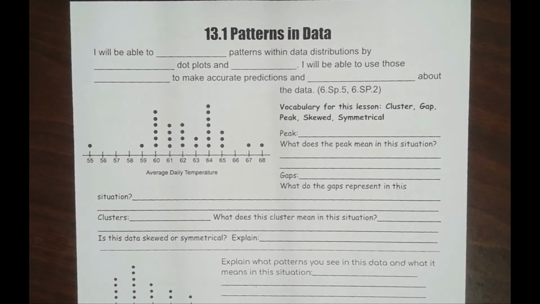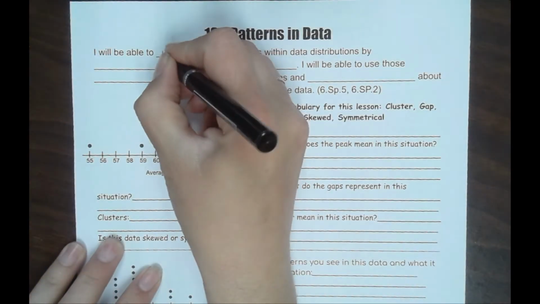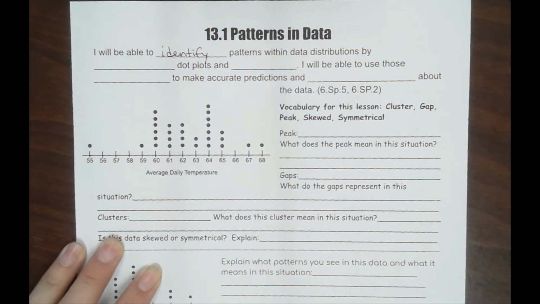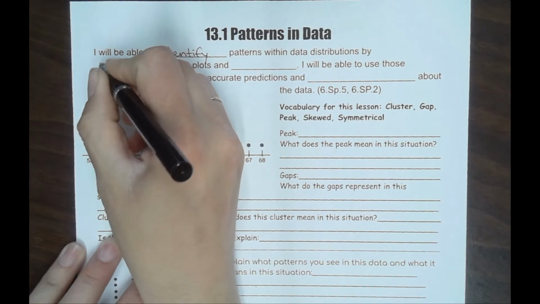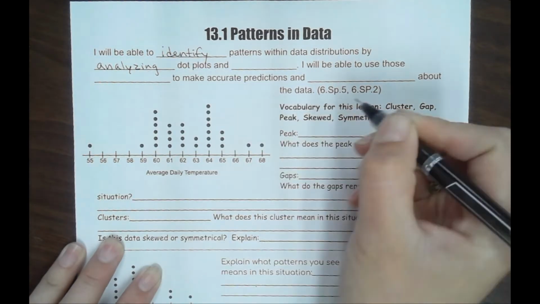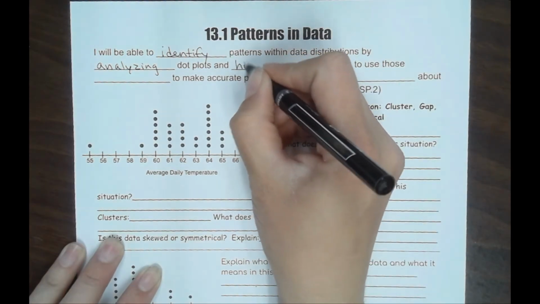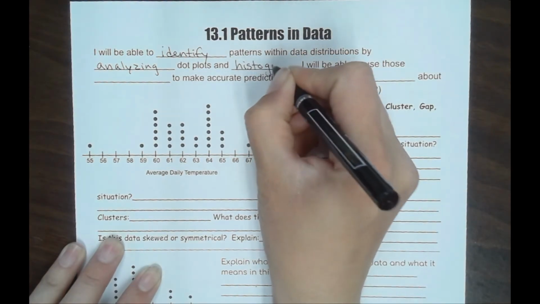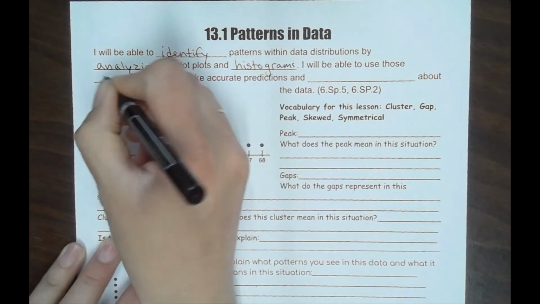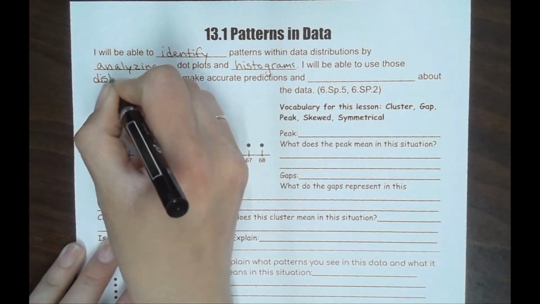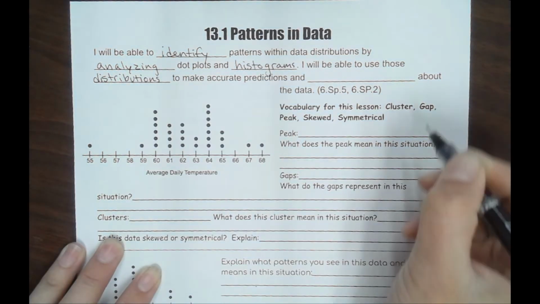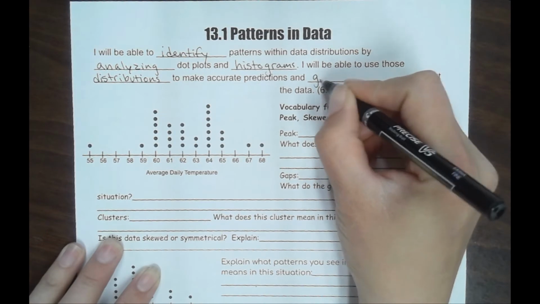I will be able to identify patterns within data distributions by analyzing dot plots and histograms. I will be able to use those distributions to make accurate predictions and generalizations about the data.